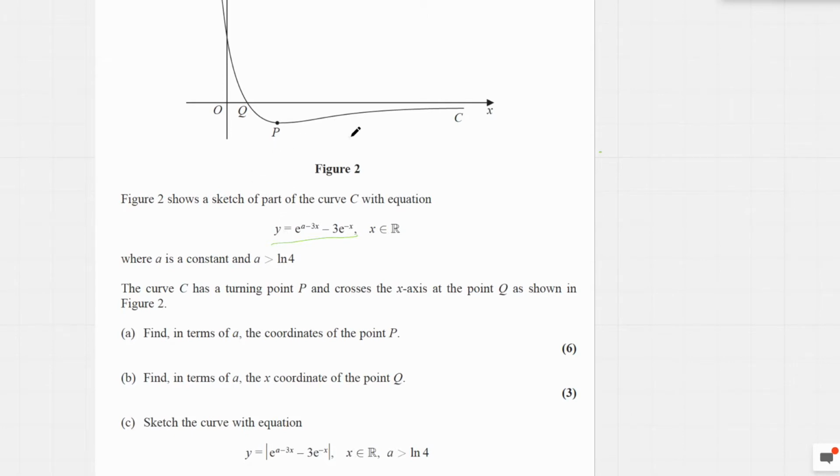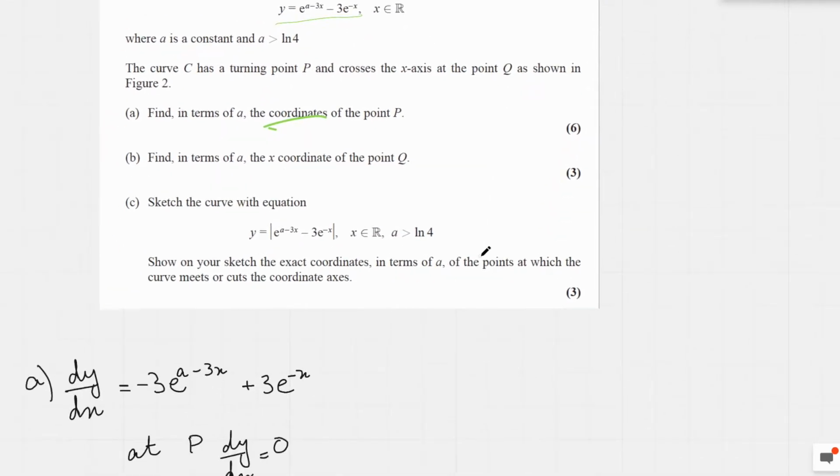So we can find the x coordinate of this point, and then substitute that x into the equation for y, and we will get the coordinates of P. So let's see how we have done that.